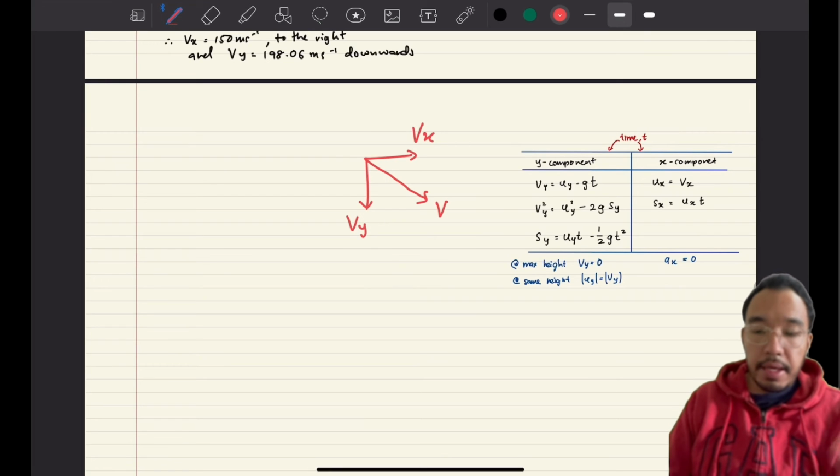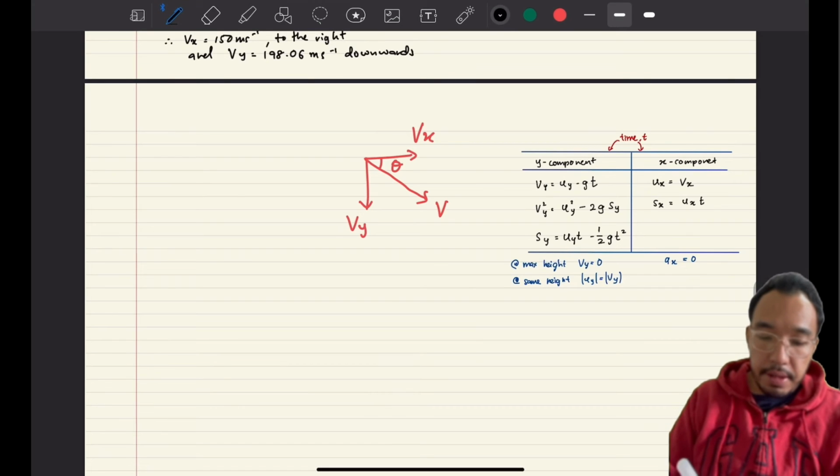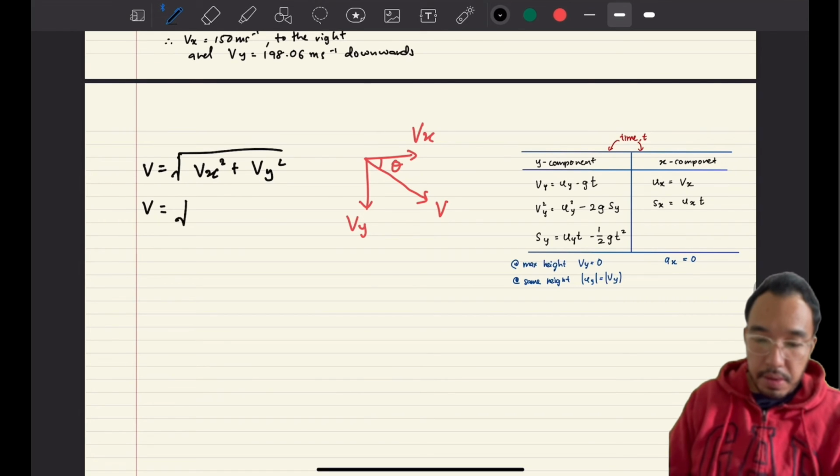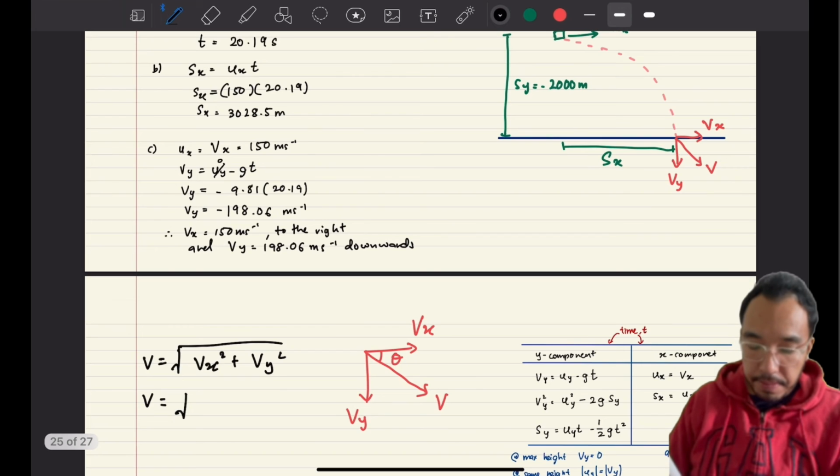This would be your V. Again, always put your theta towards the x-axis. Okay. Now you can calculate V, which is equal to the square root of Vx squared plus Vy squared. So your Vx is 150, plus 198.06.